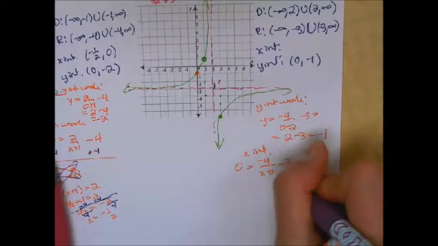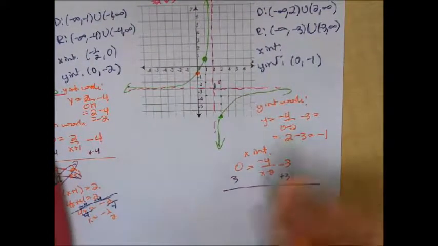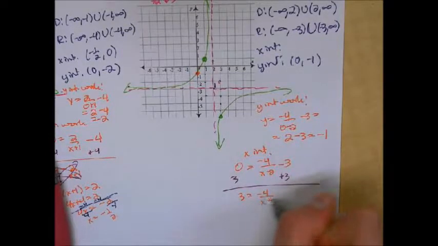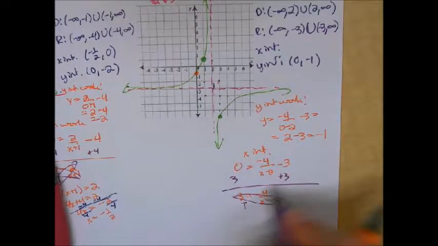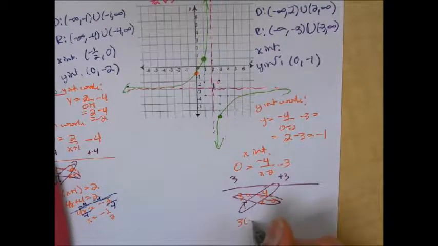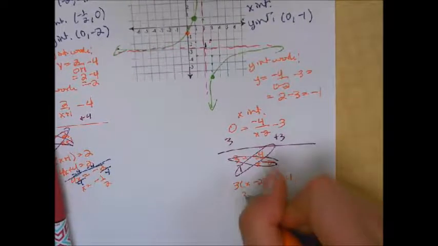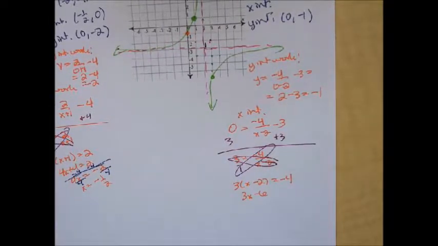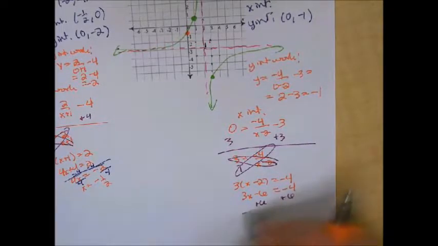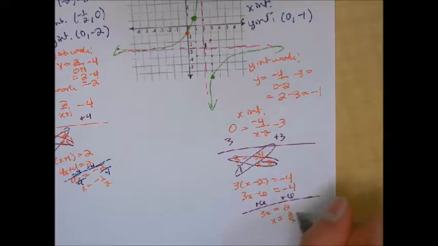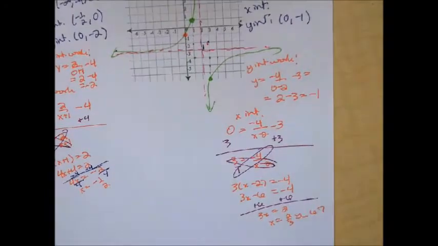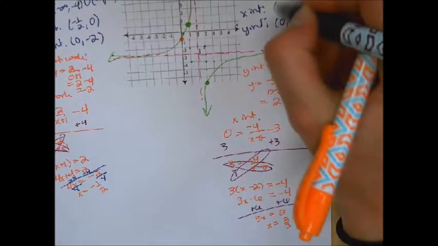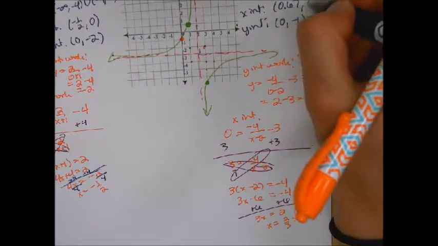Add 3. Put this over 1, cross multiply. Distribute. Add the 6. So x equals 2/3, which is about 0.67. So it's at 0.67, 0.